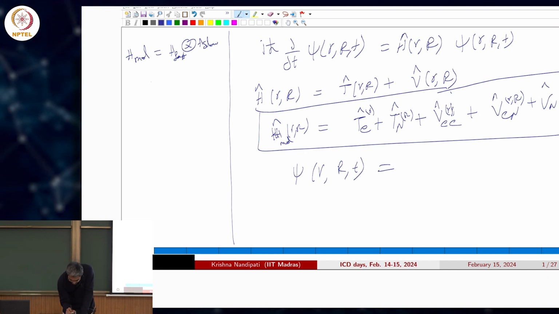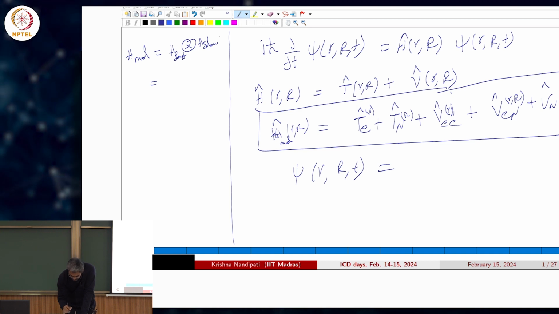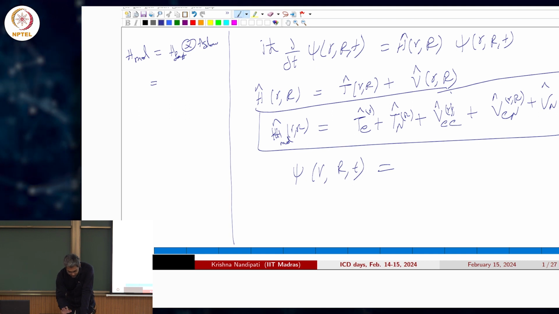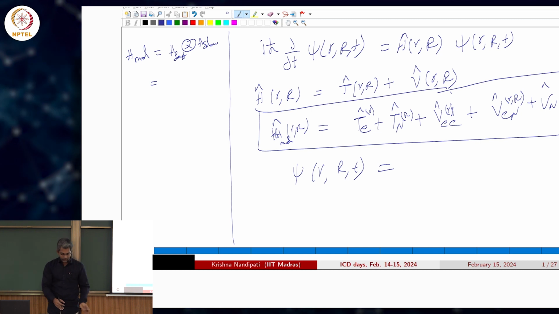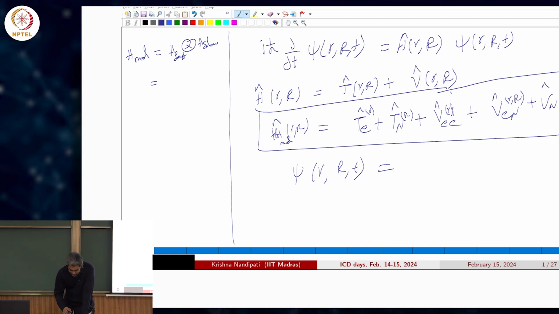This is called the adiabatic approximation, fast and slow. Formally this is exact. There is no approximation so far. The total molecular Hamiltonian is given by the direct product of the fast moving part and the slow moving part.